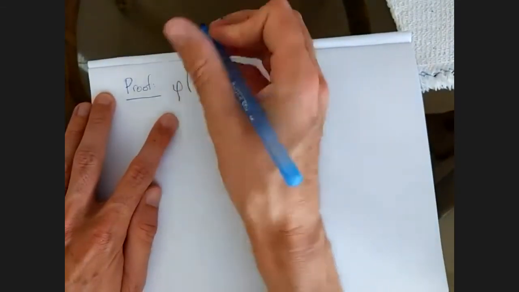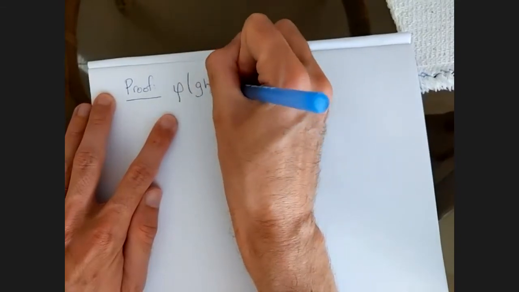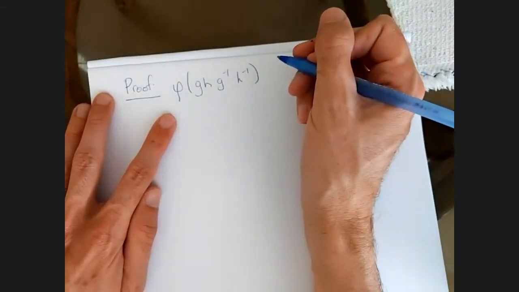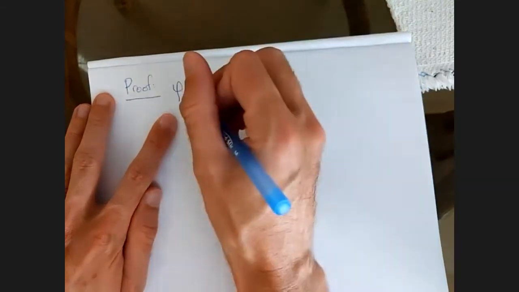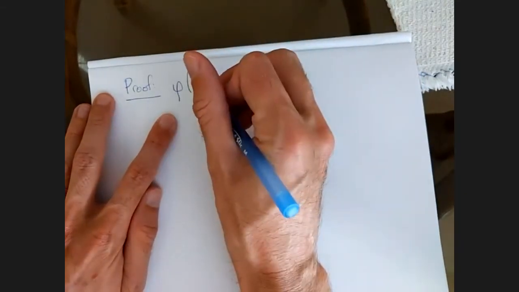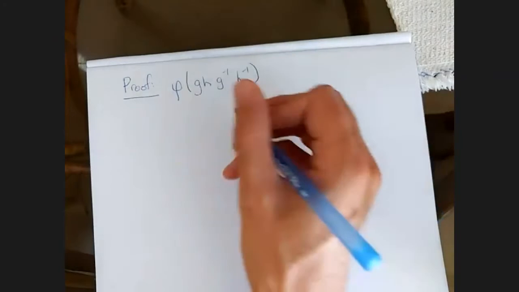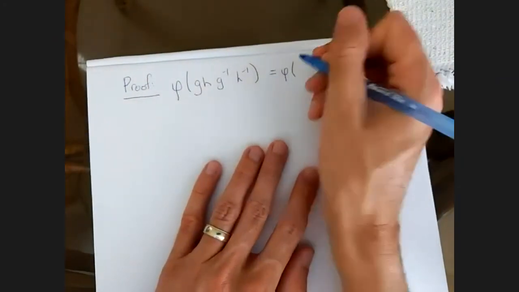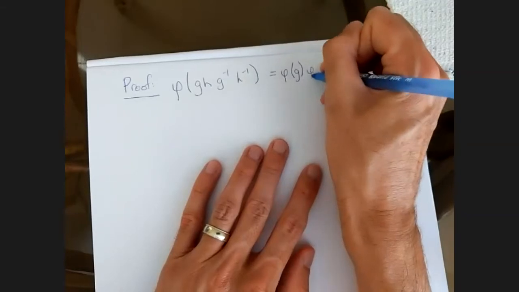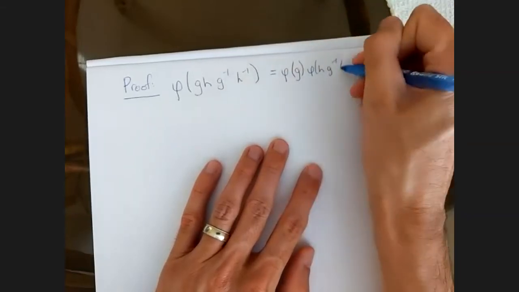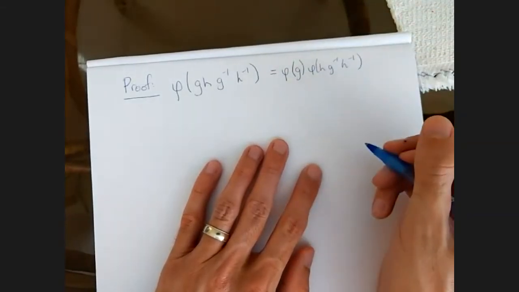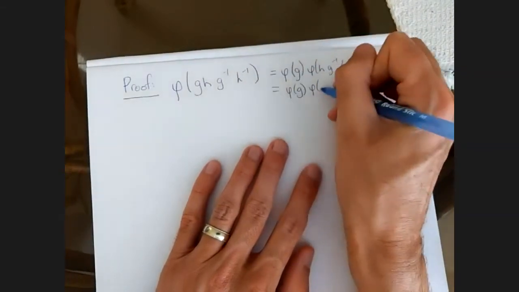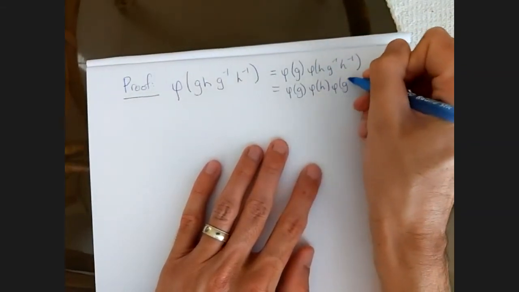The commutator of G and H is just this thing. Now, being a homomorphism means that phi plays nicely with the multiplication in G. So if you want, we can do it step by step. This would be phi of G times H, G inverse H inverse. Well, that's just phi of G, phi of H, phi of G inverse H inverse.